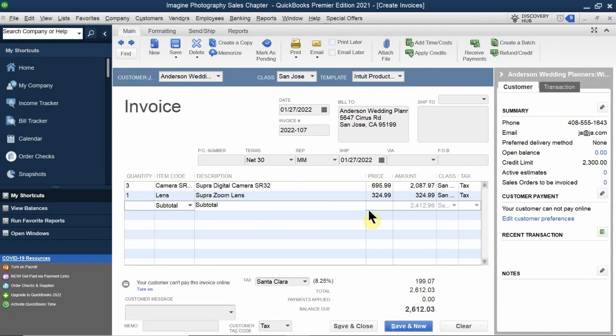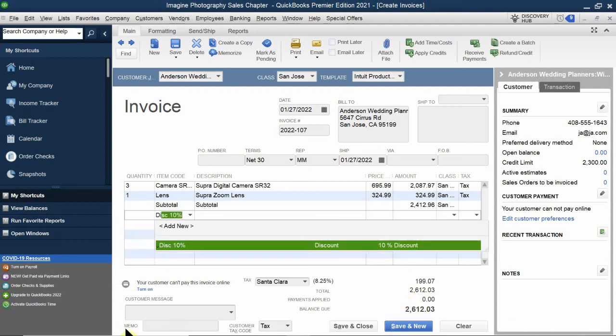It's going to give me a subtotal of what my grand amount is. So in this case, you see, I have a grand total of $2,412.